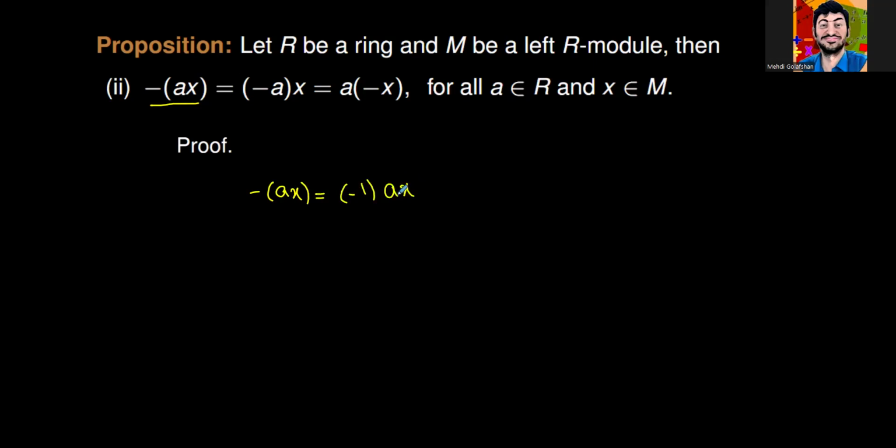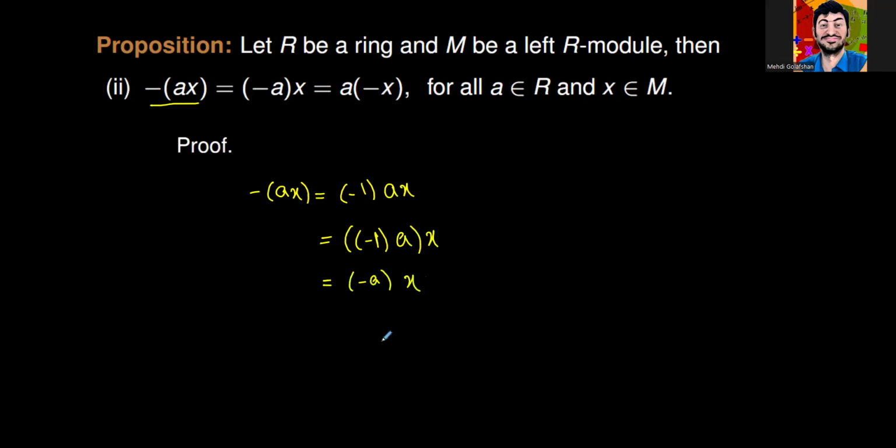This can be further written as minus 1 times a, because a is from the ring, and this times x, using the property of the module. Oops, I forgot to write the 1 here. And this is precisely equal to minus a times x.